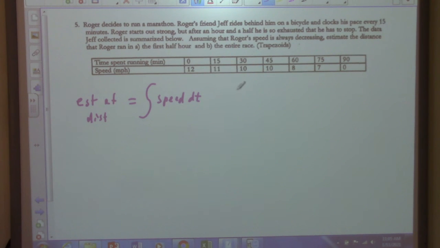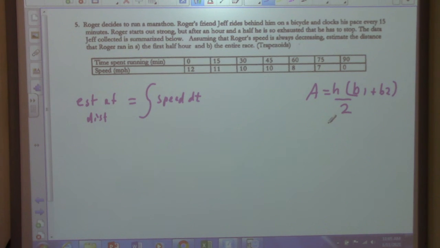What is the formula for the area of a trapezoid? Area equals base 1 plus base 2, times the height, over 2. So that's going to be your trapezoid.